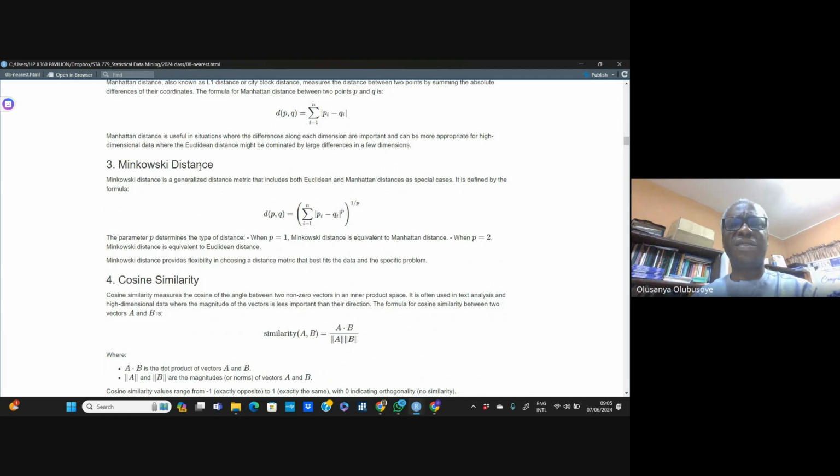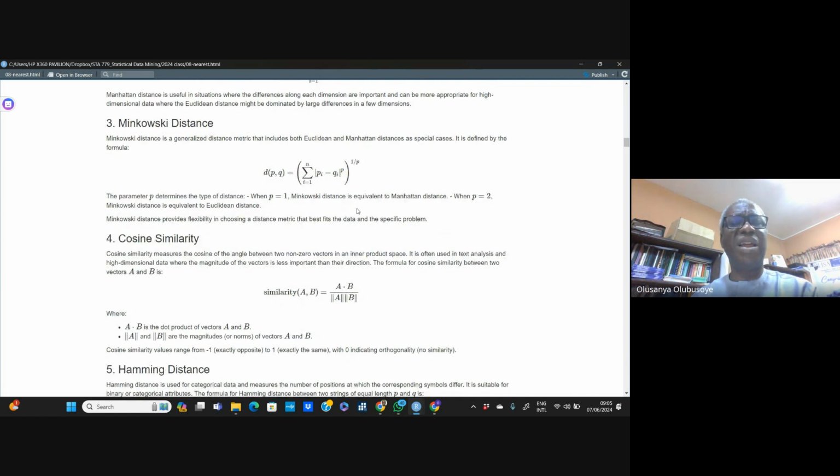The Minkowski distance, we take the pth root of the sum of the absolute value raised to power p of the distances. Of course, when p equals 1, the Minkowski distance will collapse and become the Manhattan distance.